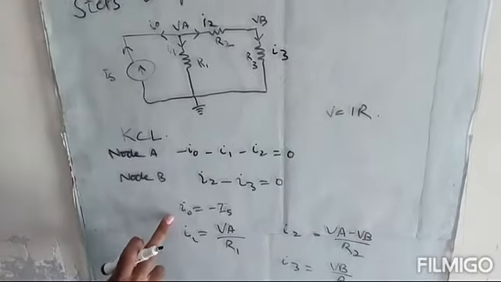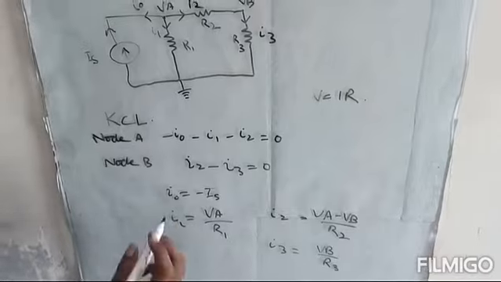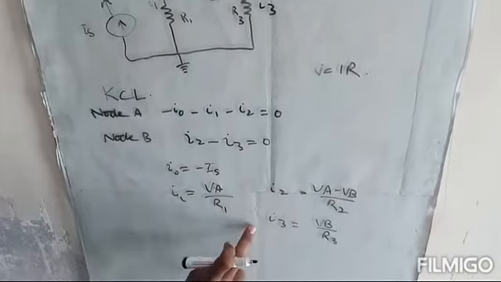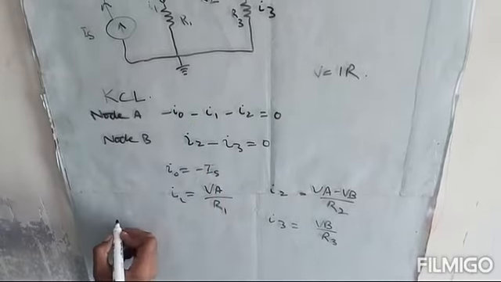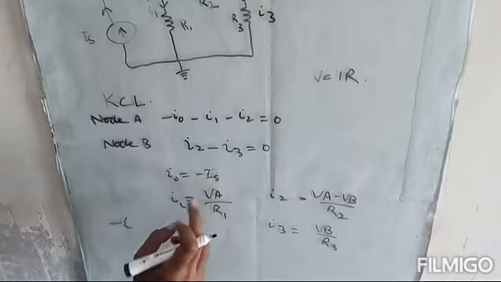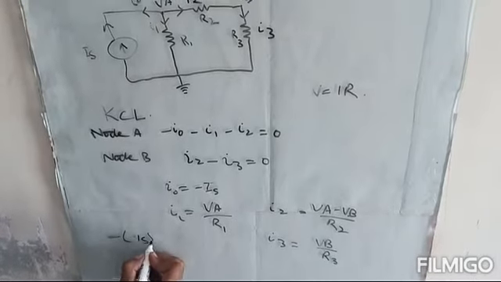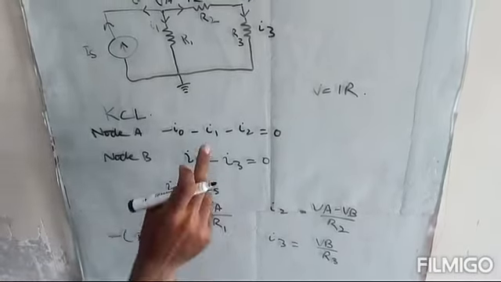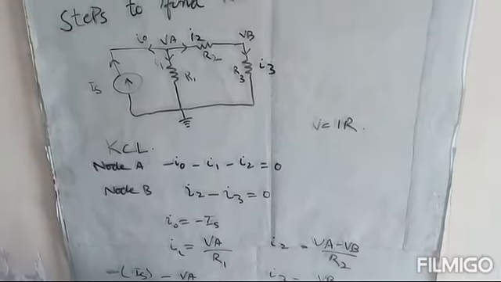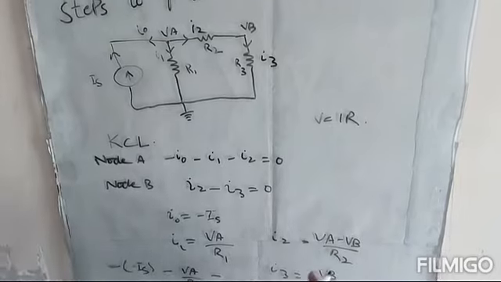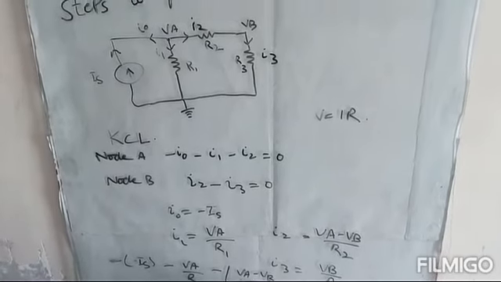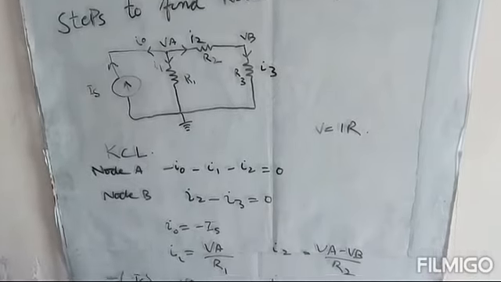Now we will put these values in this equation. In the node equation, if we put the values of I0, I1 and I2 from these equations, it will become minus I0, which is equal to minus IS, minus I1 is equal to VA over R1, and minus I2 is equal to VA minus VB divided by R2, equal to 0.